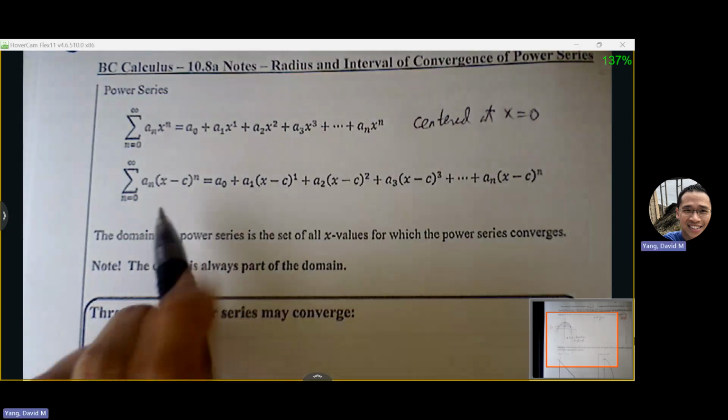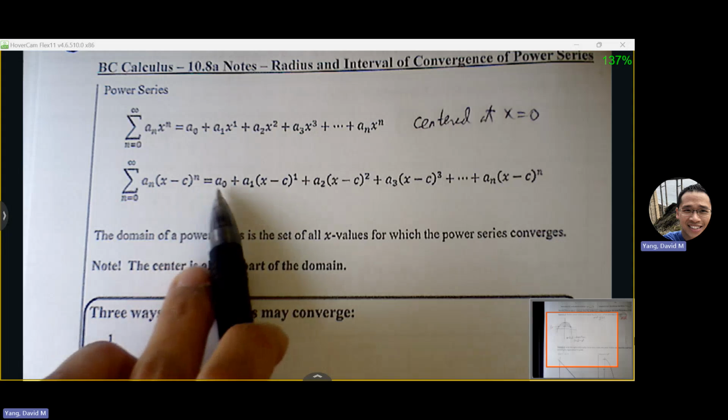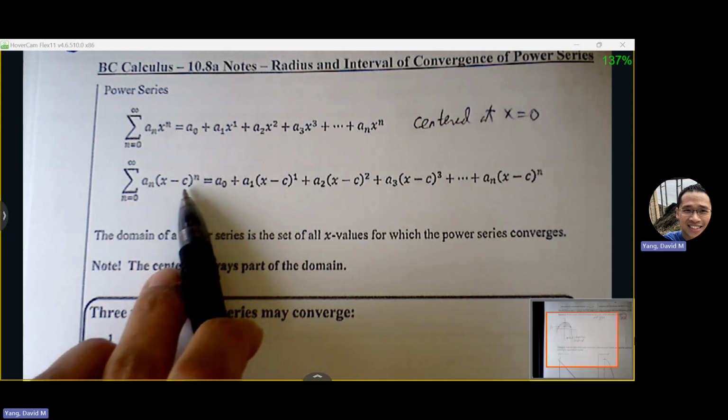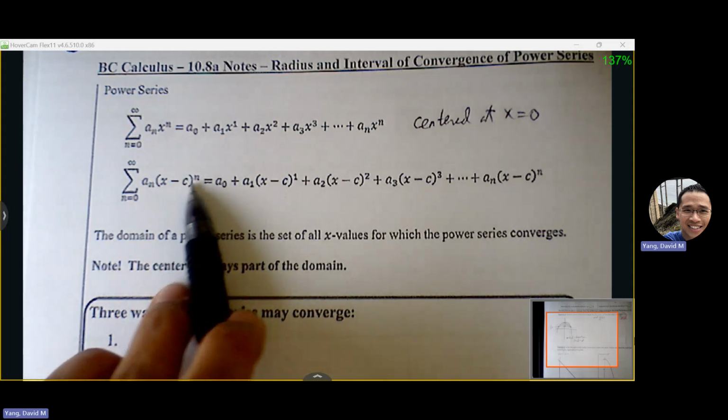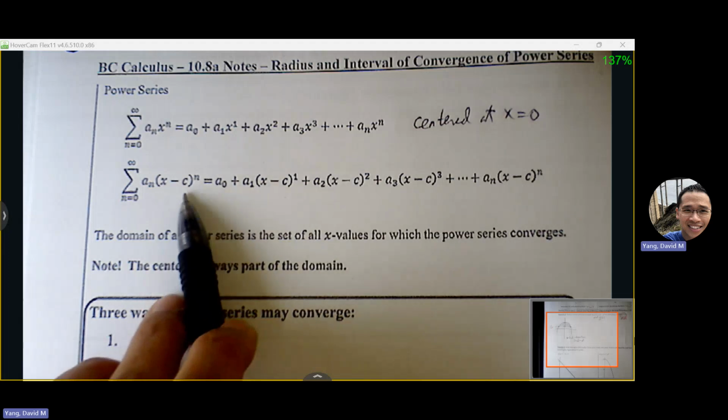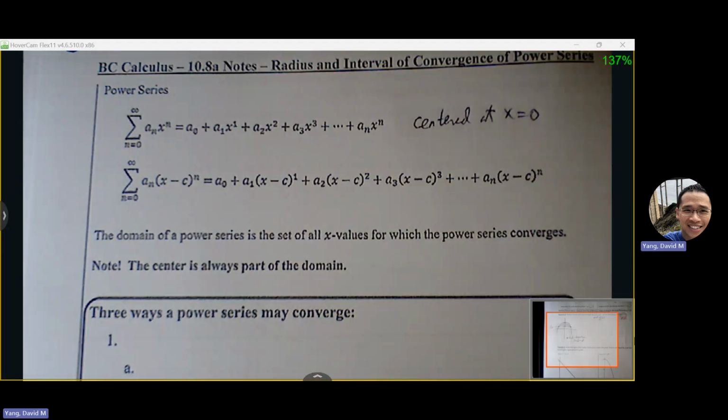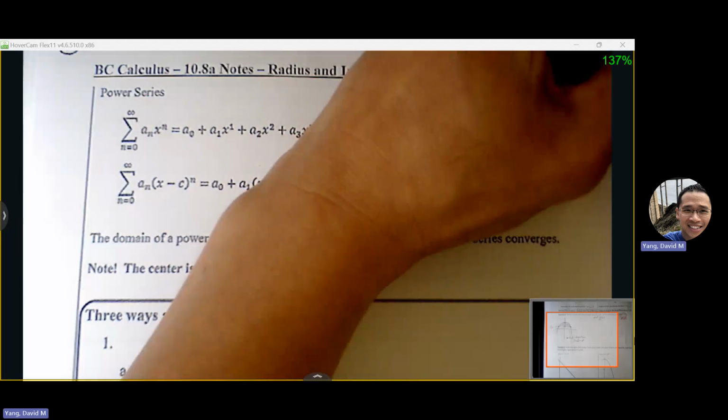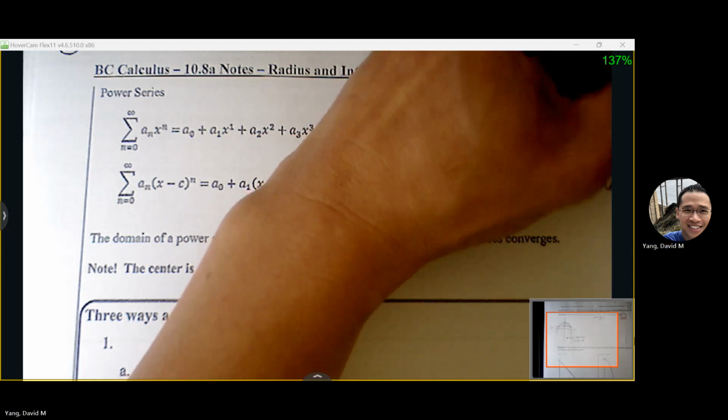Meanwhile, this second one is also a power series, but it's centered at a value that can be flexible. It doesn't have to be at 0. It can be centered at 2, it can be centered at 3. So this is centered at c.